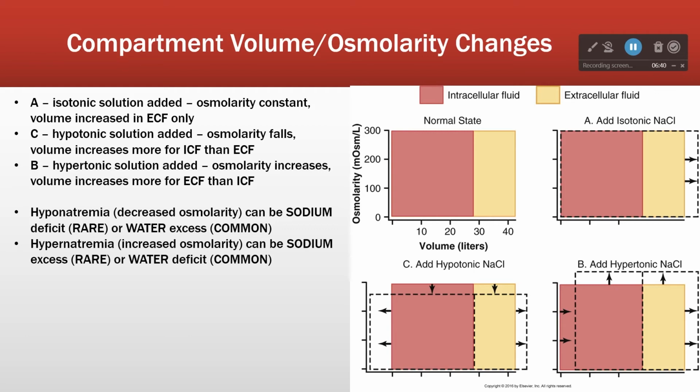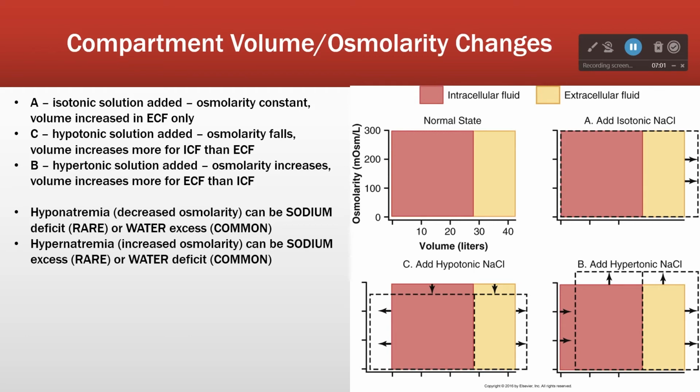Now, we have the other two cases too. In C, that one down in the corner, now we're adding a hypotonic solution. So the clinical example of this, half normal saline, all right, which is 0.45% grams per deciliter, right?